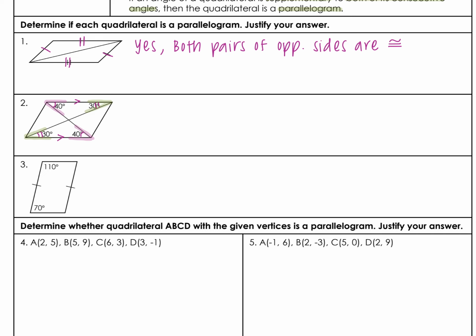Sorry, I was blanking. So if I look at that, I can see that the lines that they do not share are going to be the top and the bottom once again. And therefore, I've only been able to prove that one pair of opposite sides are going to be parallel.